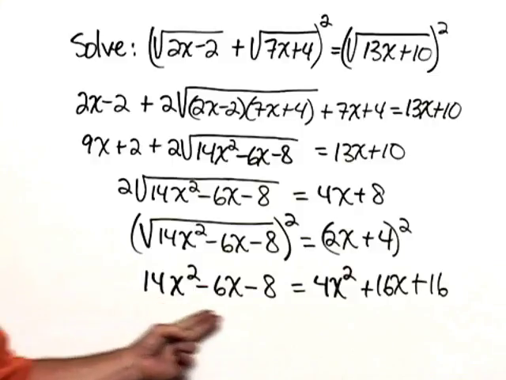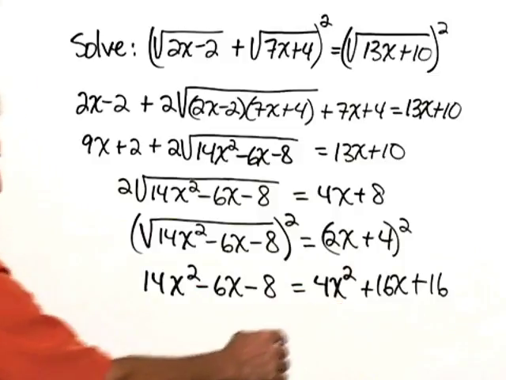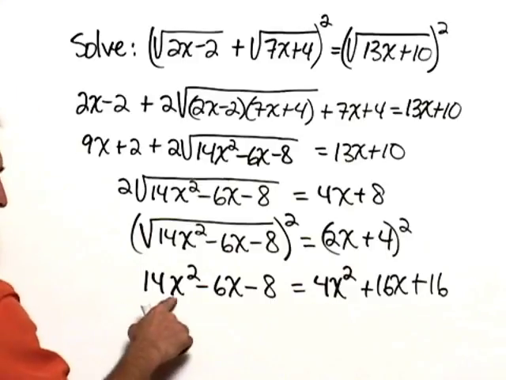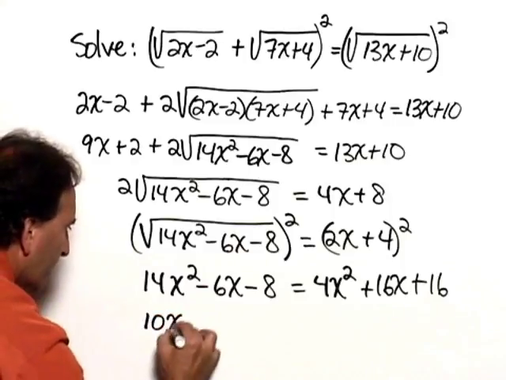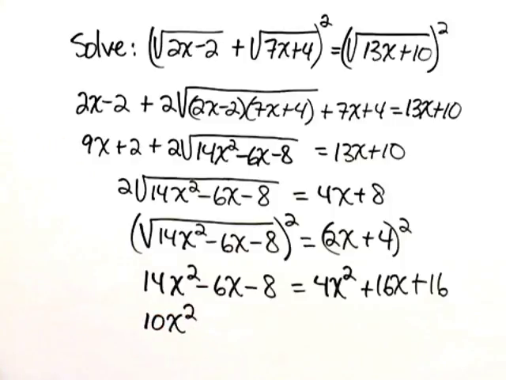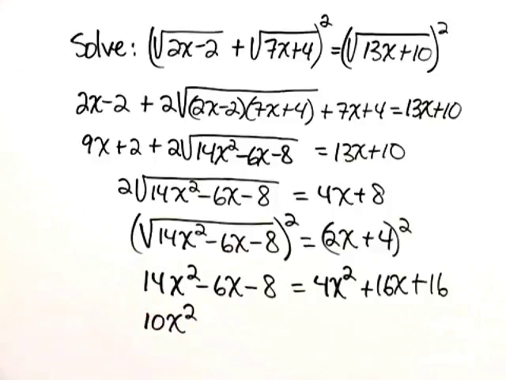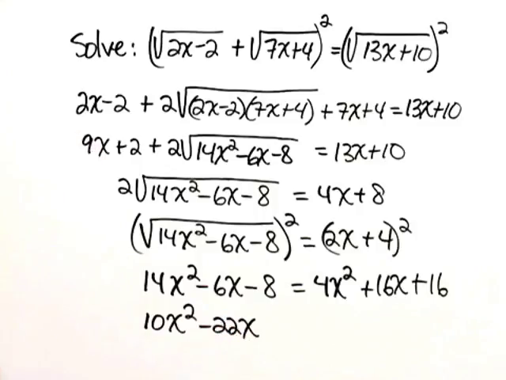It's a quadratic equation. We want to get 0 on one side and all the other terms on the other side. So let's subtract 4x squared from both sides. So 14x squared minus 4x squared is 10x squared. Negative 6x minus 16x is minus 22x.